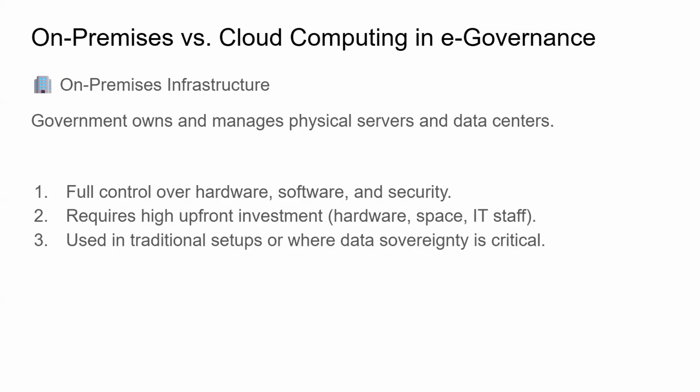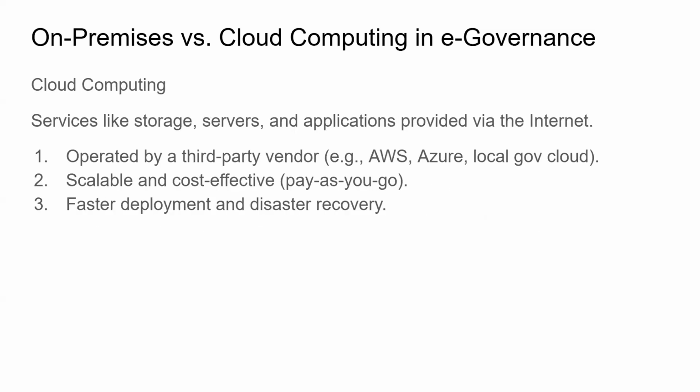But sometimes we have to use traditional setups where independence of data is critical, or if data are very sensitive, then it's still better to have our own on-premises infrastructure.